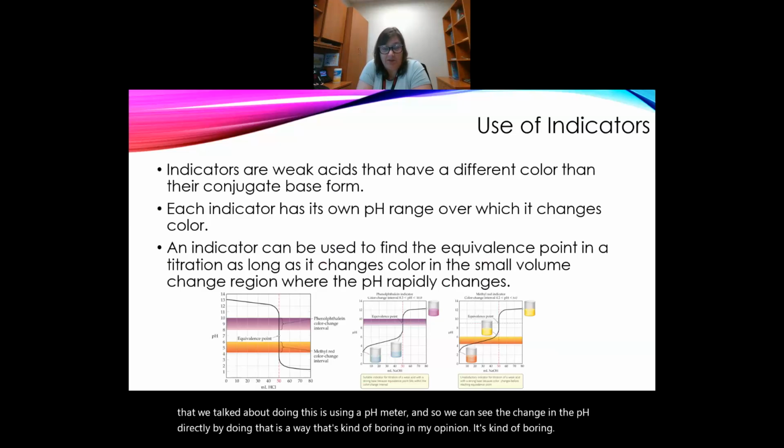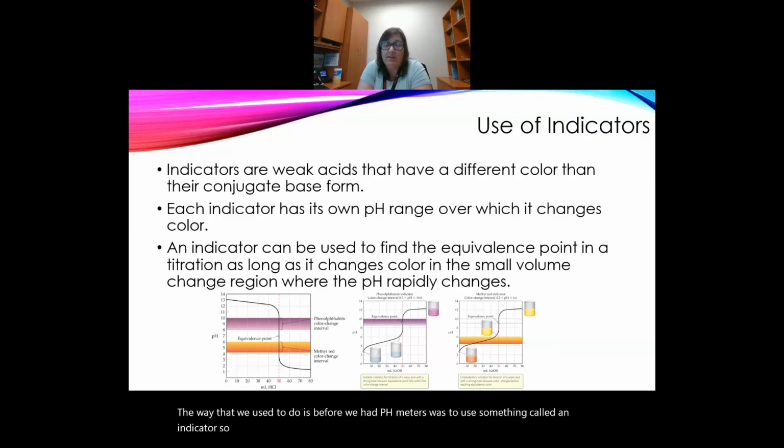The way that we used to do this before we had pH readers was to use something called an indicator. Indicators are acid-base combinations. In the acidic form, the molecule has one color, and in the basic form, it has a different color.